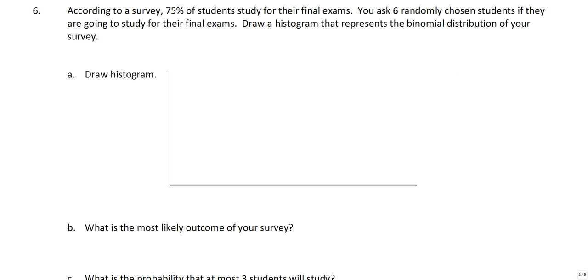So remember, in L1, you have to do your 0. Don't forget your 0. And then you have your 1, 2, 3, 4, 5, and 6. And then for L2, that's where you highlight L2 and you have to press second and then the distribution button. And you have to go to binomial PDF.